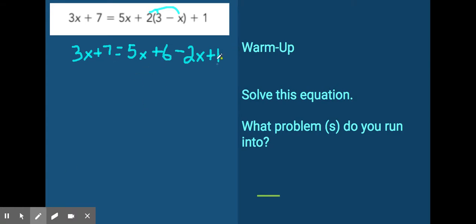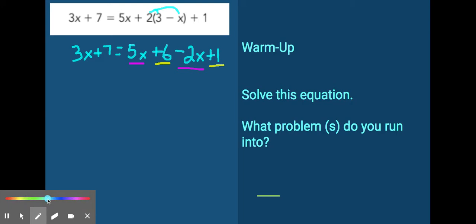Next thing I'm going to do is combine all my like terms on this side. All right? So I'm going to combine 6 with 1, and I'll end up getting 7. And I'm also going to combine 5x and negative 2x.